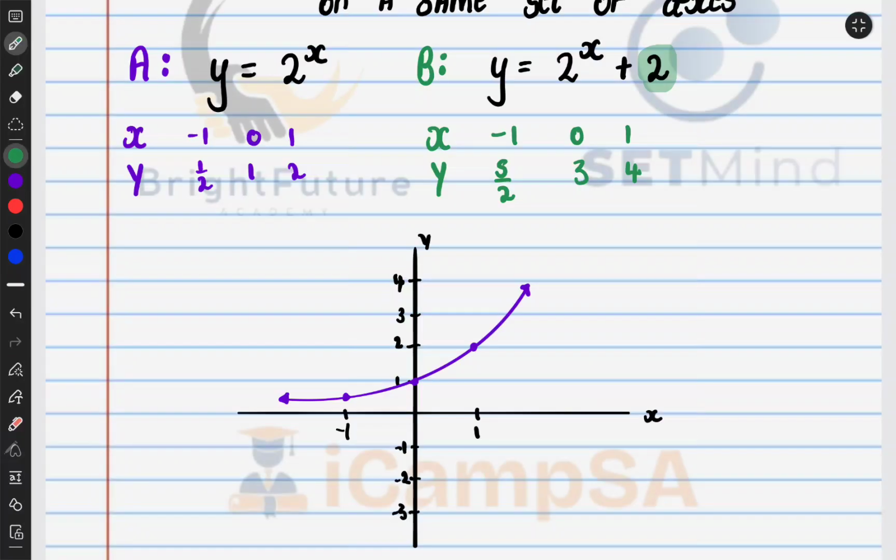Y is equal to 5/2. 5/2 is what? It is 2.5. So it is going to be halfway there, and then 0 and 3, and then 1 and 4 there. Then we join our points there.